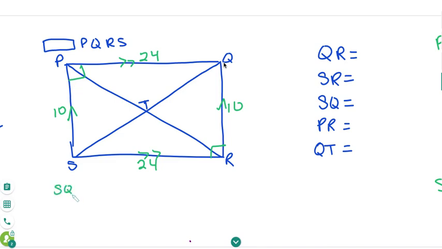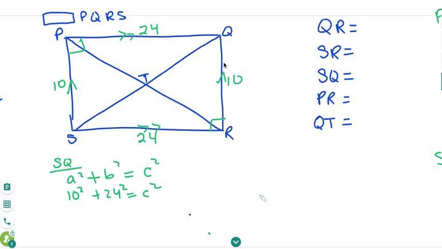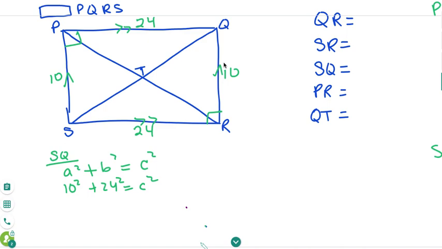by doing a squared plus b squared equals c squared. A would be 10 squared plus b, which is 24 squared, is going to give me c squared. 100 plus 576 is c squared.